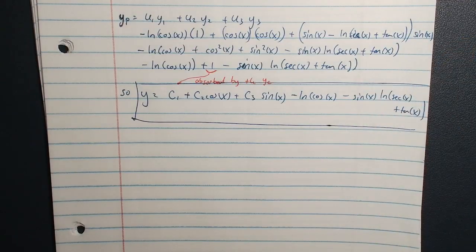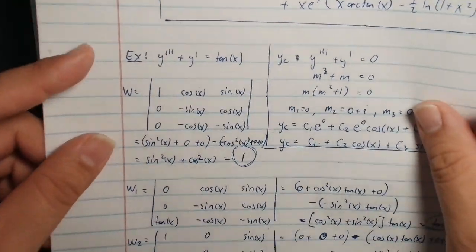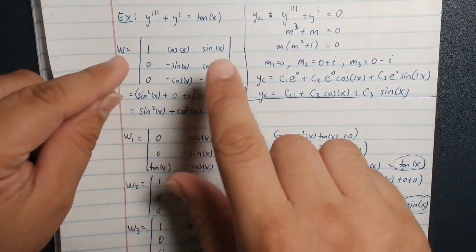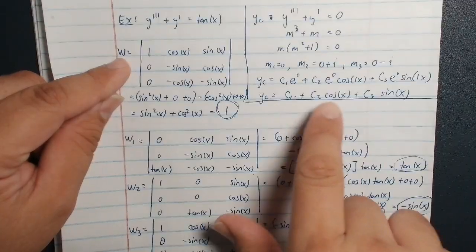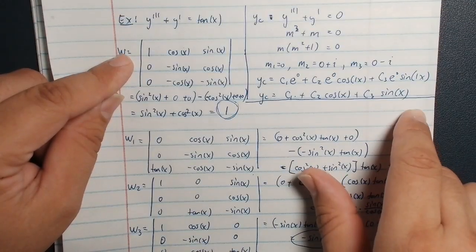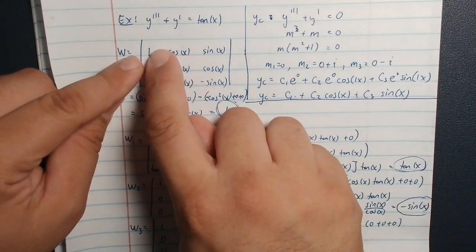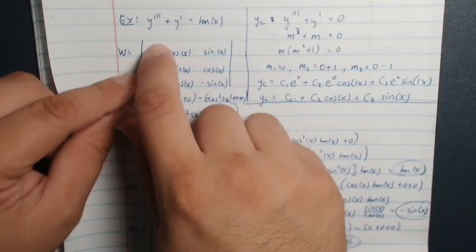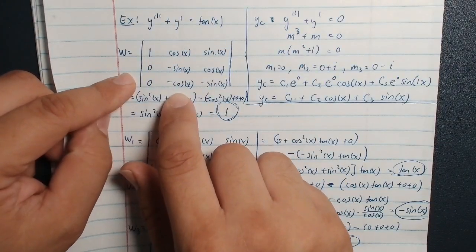And here you see the main difference between a second order problem and a third order problem via variation of parameters: the greater your order, the more elements you'll have in your fundamental solution set, which means your Wronskian will have more columns, 1, 2, 3 columns, which means it'll have more rows.